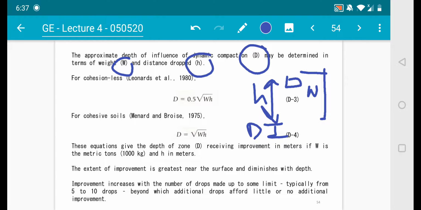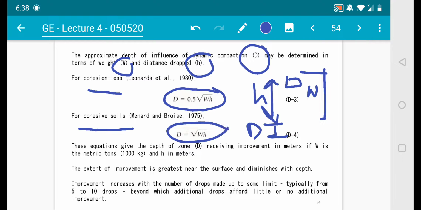Now there are two equations. The first is for cohesionless soil given by Leonard's, which equals this. And secondly is for cohesive soils from Menard and Boyce, given by this equation. These equations give the depth of zone D receiving improvement in meters if W is in metric tons and H is in meters.